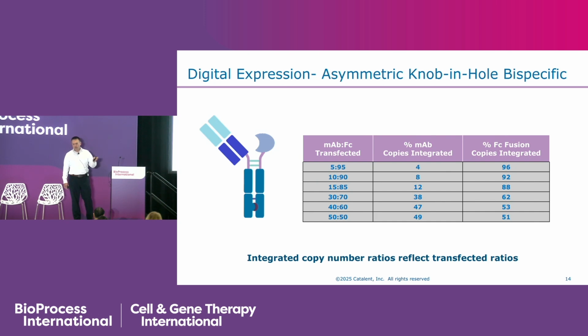So in the series of pools we made, we started at 5% of the mAb, 95% of the Fc fusion, and you can see the portions we varied down to 50-50. The integrated copies are shown next to that. What we gave them there, again, is what they get. So it was a predictable outcome.